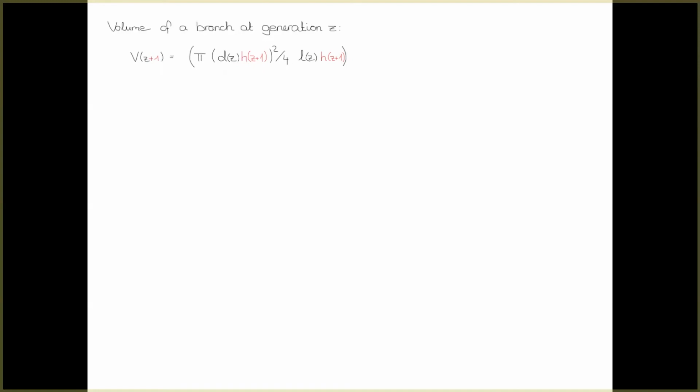Remember again, h is the ratio of d at Z plus 1 over d at Z. So it cancels out this d here and multiplies it with d at Z plus 1. The same here for L. Now just a little bit of rearranging shows that the volume at the next generation is smaller by this factor than the volume at the previous generation.